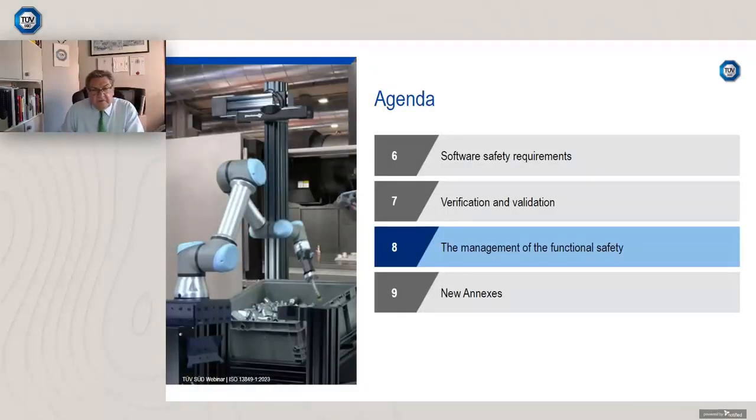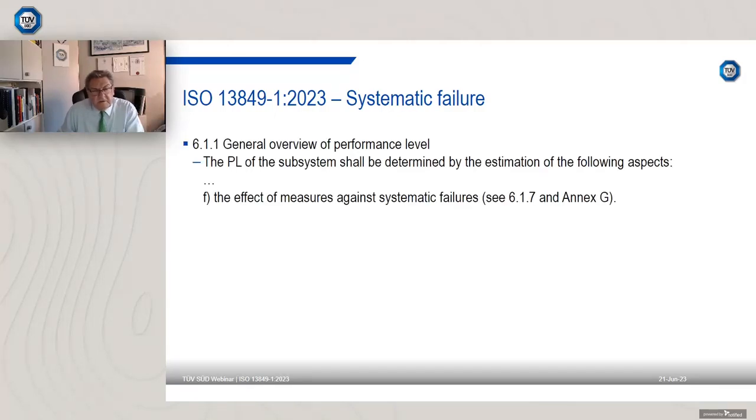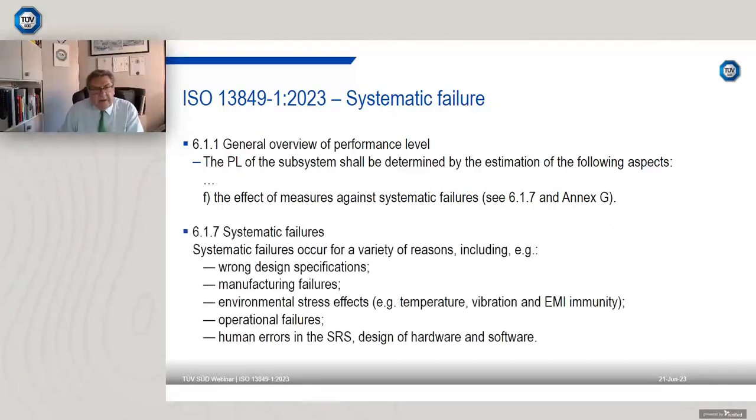And we do have an enhanced requirement to take care of the avoidance of systematic failures. So systematic failures are dealt with in the normative part of the standard in clause 6, amongst the aspects to be considered of the general overview of performance level, and we see this is bullet point F, so there's a few before this, but we have to consider the effective measures against systematic failure, and that goes on.